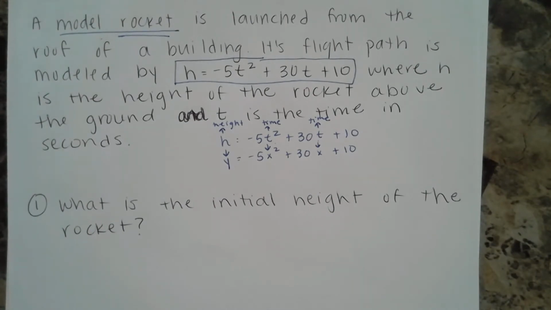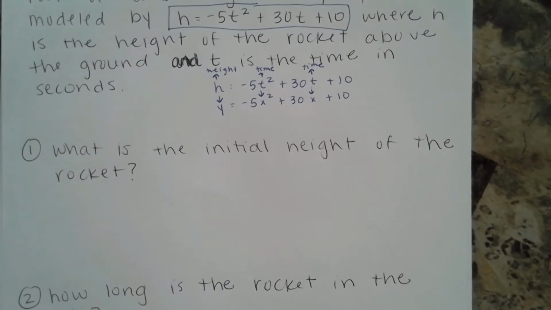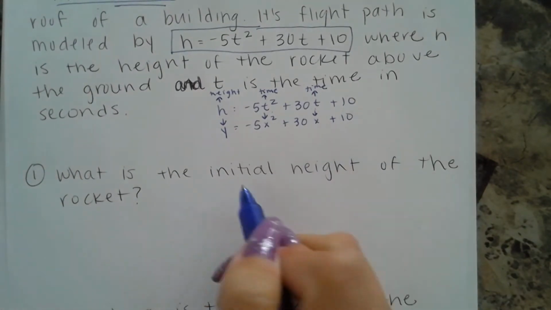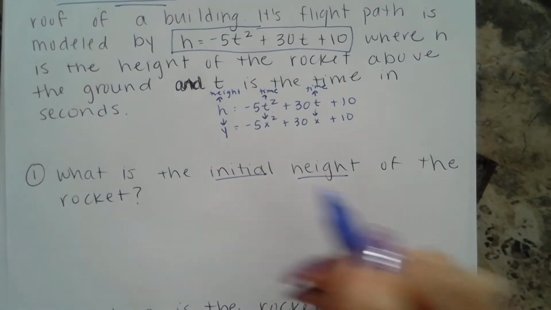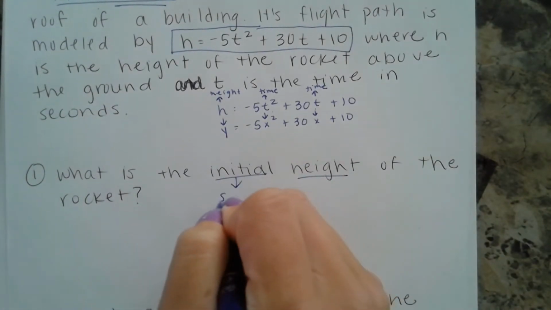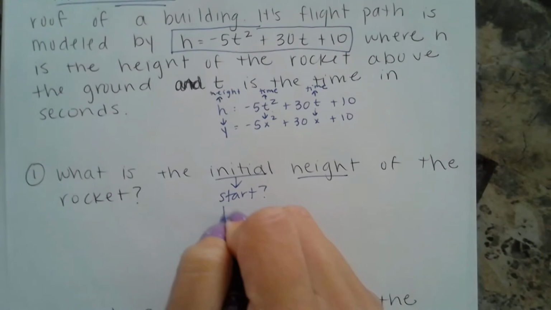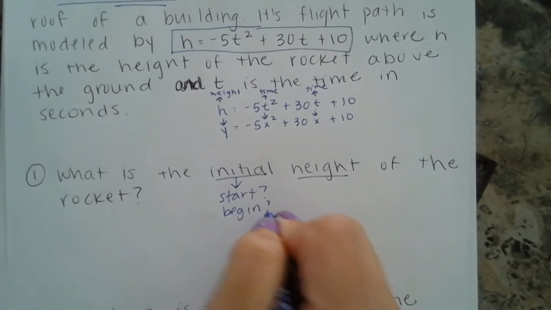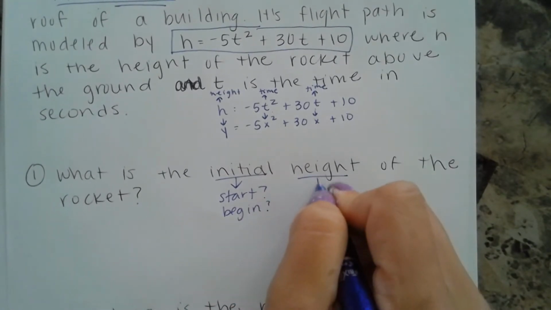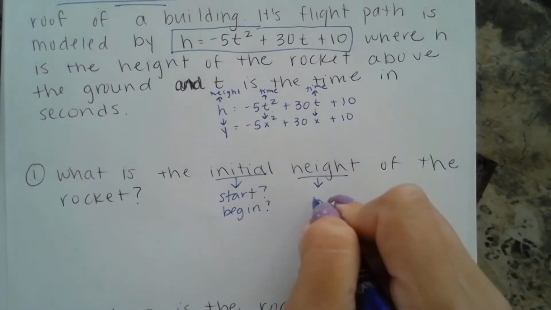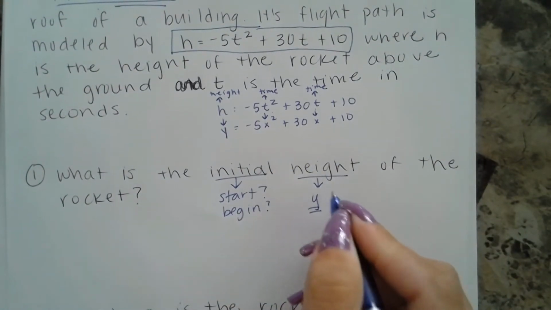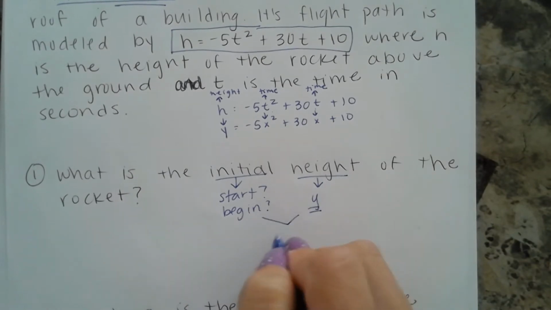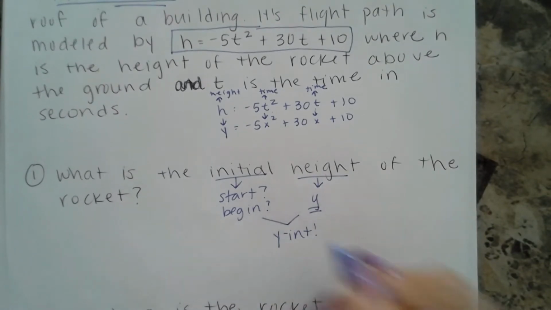So number one, let's get into the question. What is the initial height of the rocket? Initial and height: where did it start, where did it begin? Our height, and our height is like our y. When we see starting and beginning, we know we're looking for our y-intercept.